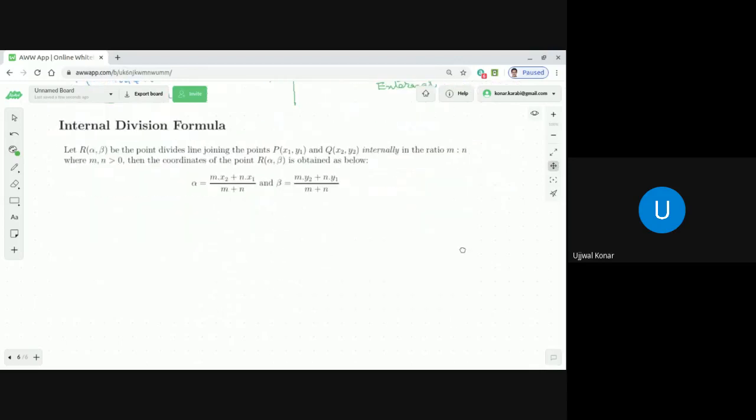In the similar manner, I can describe the formal definition of the external division and its formula, and here it is.